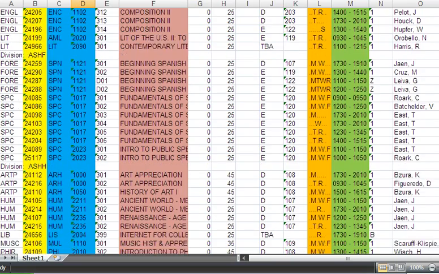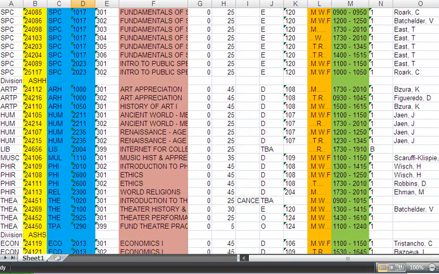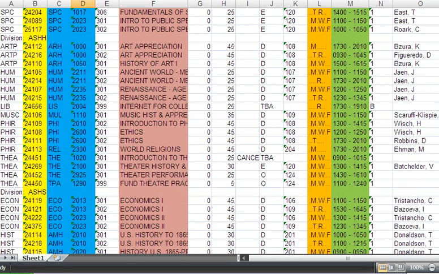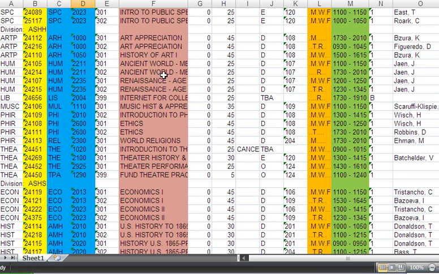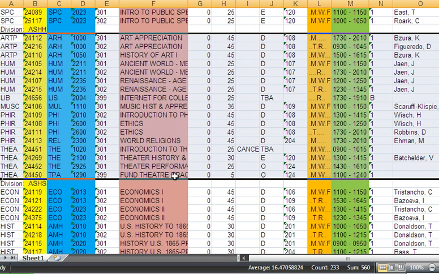What you'll want to do is perhaps pay attention to the Humanities Part B section. That would be the section that you'll see here, art appreciation, all the way down to fundamentals of theater. You can see here I've kind of highlighted it in a way.